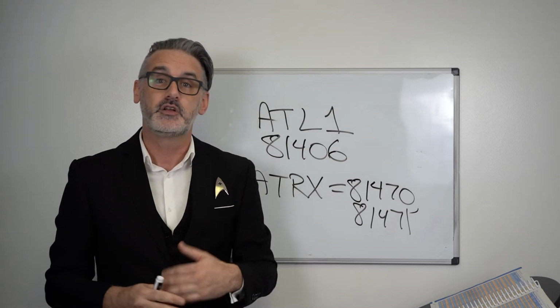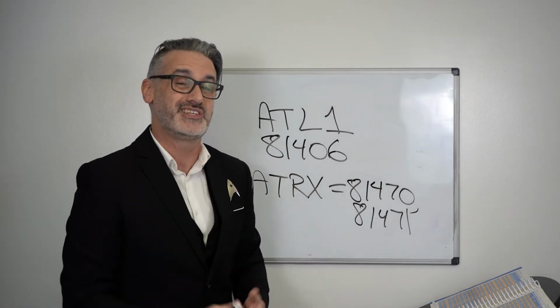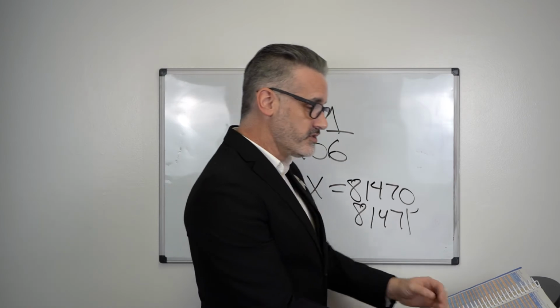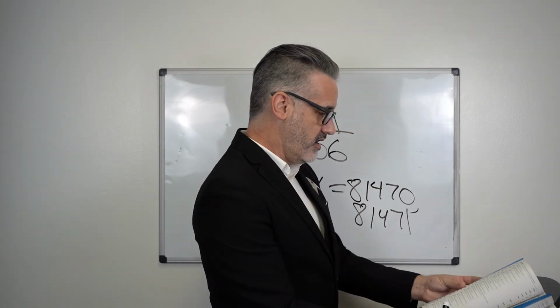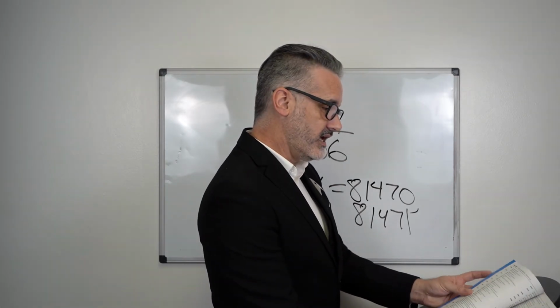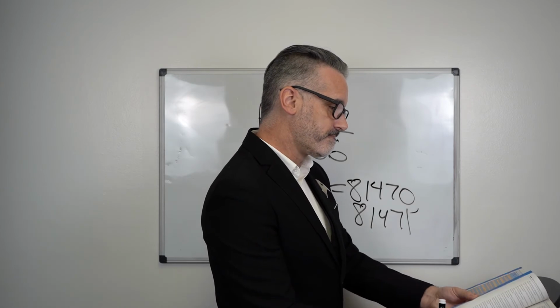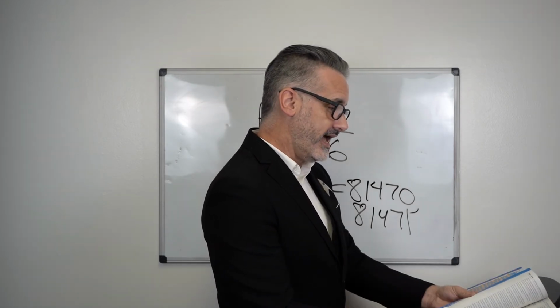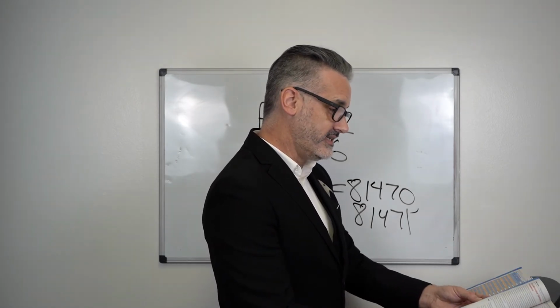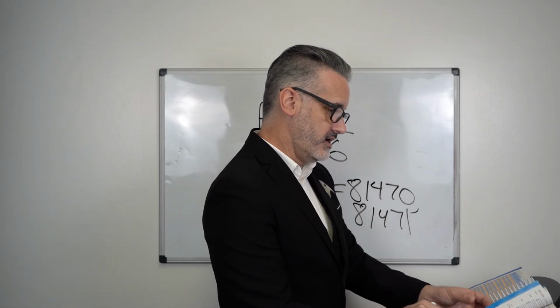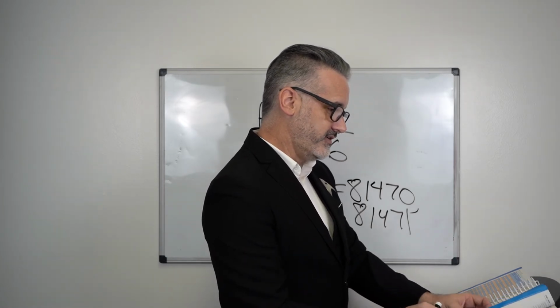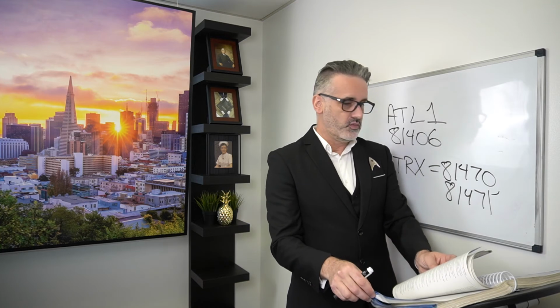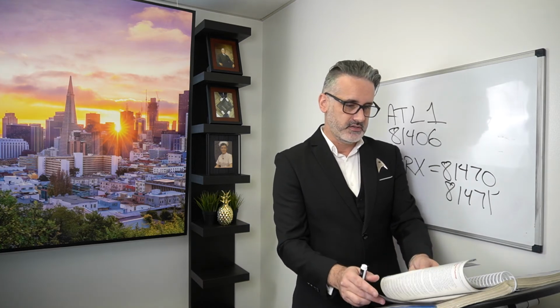Now, because there's 2 codes to look at, it's not both codes that we need. We only need one code, but now we need to look in the back at those codes and see what the difference is. So we look up 81470 and 81471. Both of them are going to have the same acronym of ATRX, but then the difference.